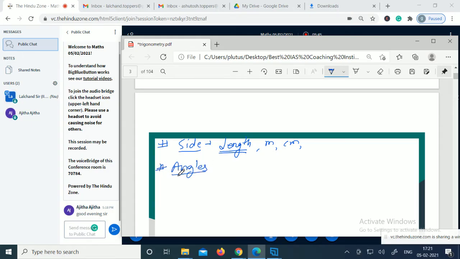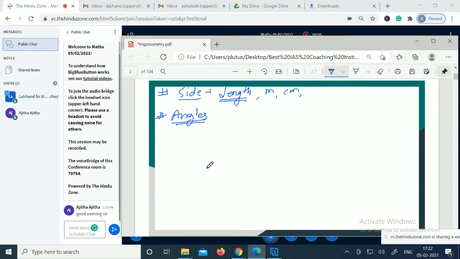Theta. Theta is something that we use to denote angles, the measurement of an angle. Cos theta, sin theta is simply some ratio, a trigonometric ratio. For angle measurement, we have basically three systems.